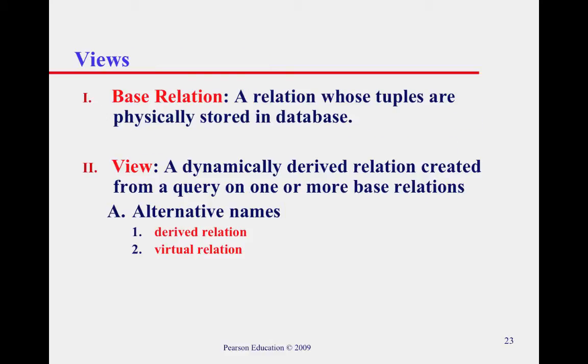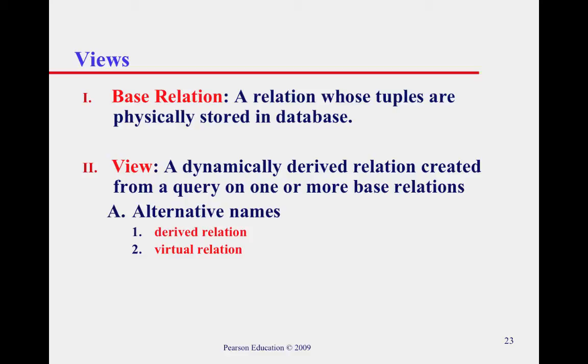Okay, so that brings us to the last topic today, which is views. And remember, these are the same views that we talked about where different users have different views of the database. So they have a theoretical basis in the relational model.